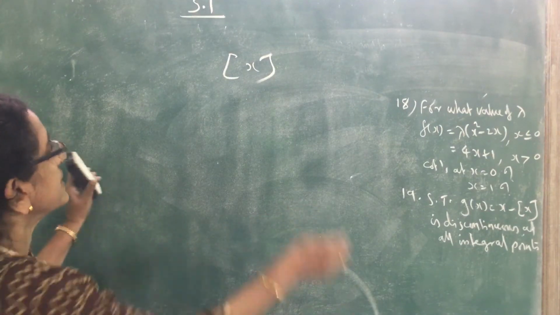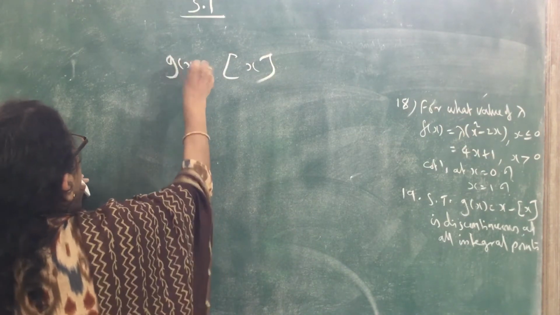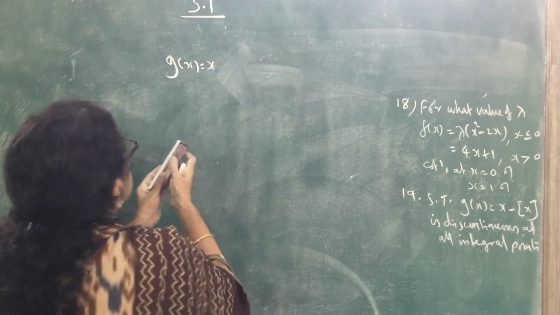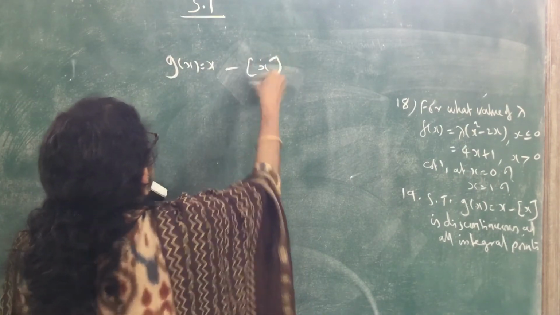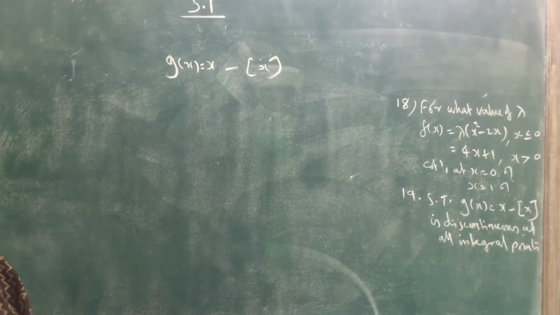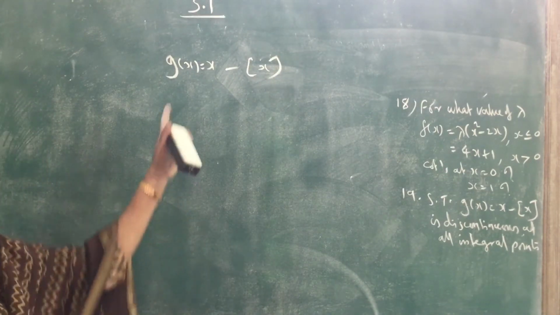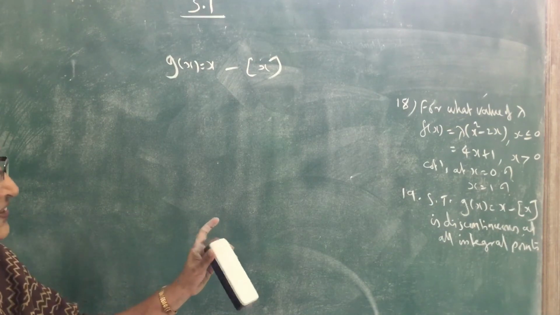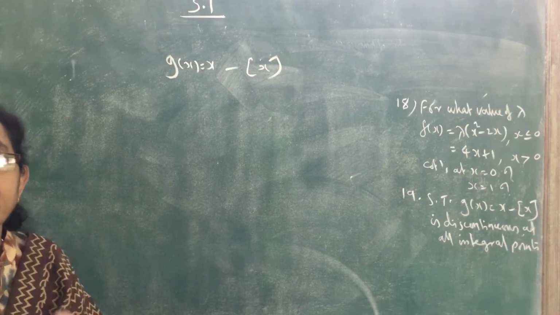Here the function g of x equal to x minus greatest integer function x. We have to prove that it is discontinuous at all integral points.